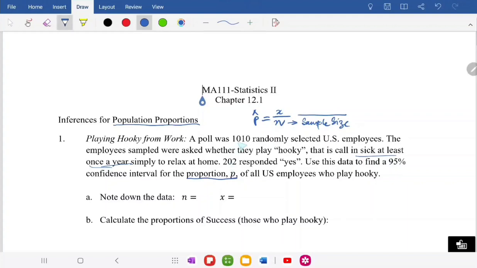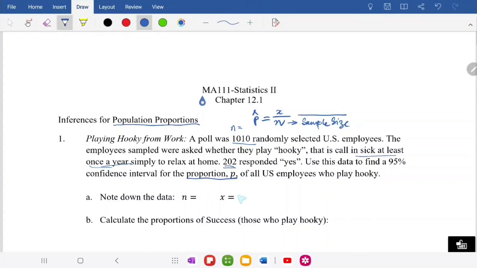Out of a total of 1010 people that were polled, 202 responded yes. That means 202 is our X value. They have met the criteria that they have played hooky at least once a year.